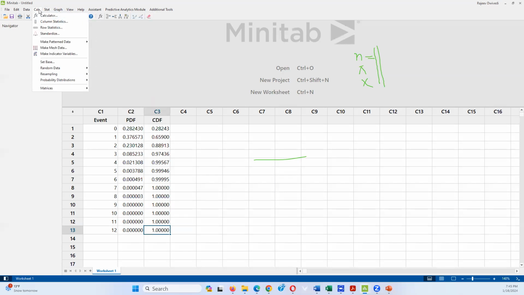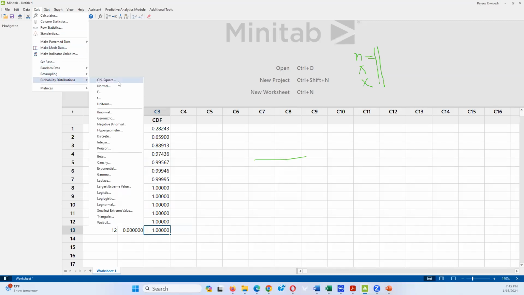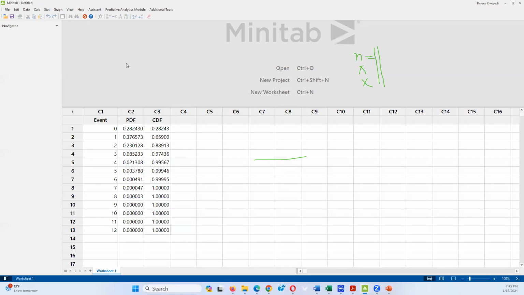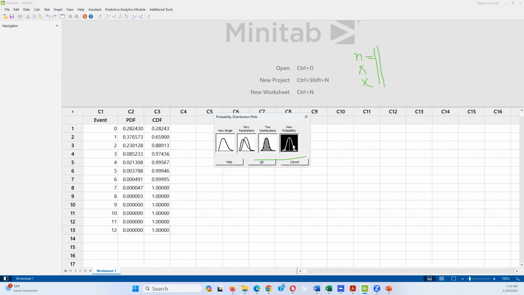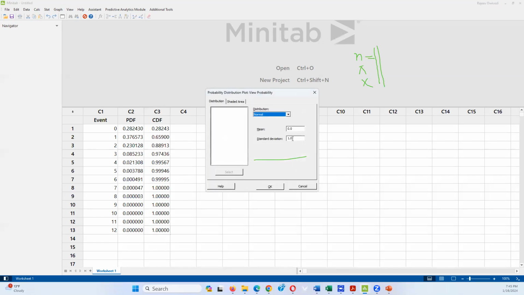Here I go under calculate probability distribution. I prefer this method. I can choose binomial here.